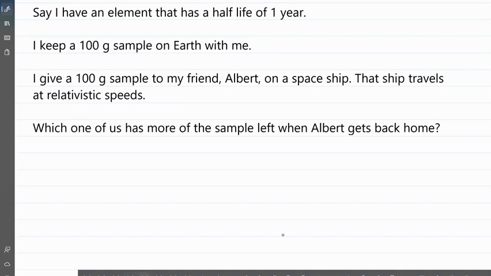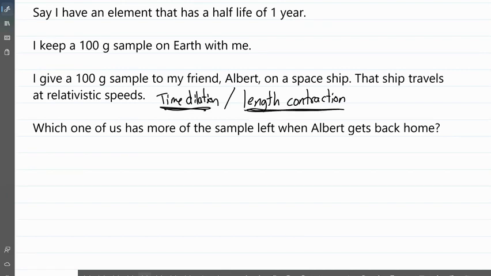Again, all that means is we have to take into account time dilation and length contraction. So Albert will experience less time than I experience. Albert will experience less distance than I see him experiencing. All that weird kind of stuff.